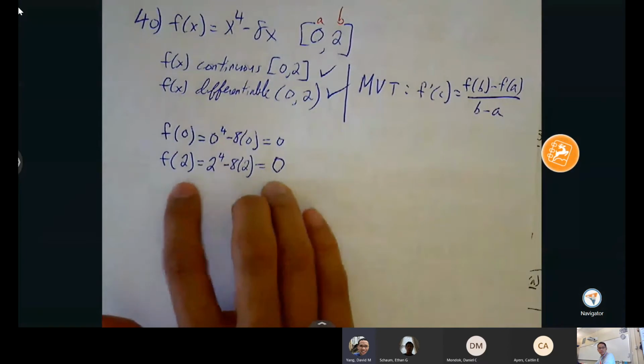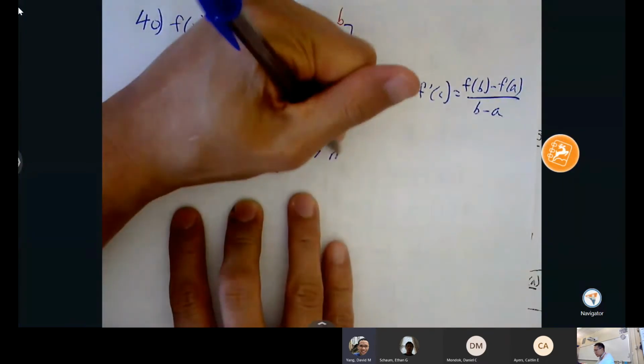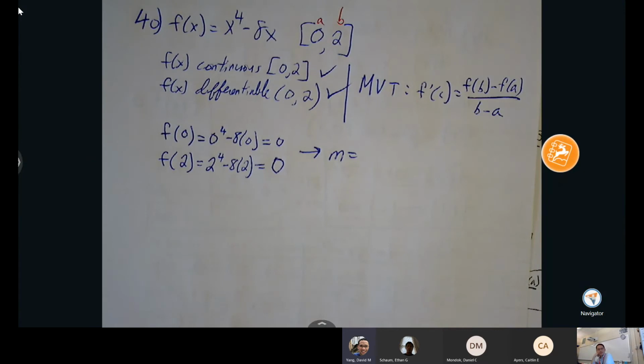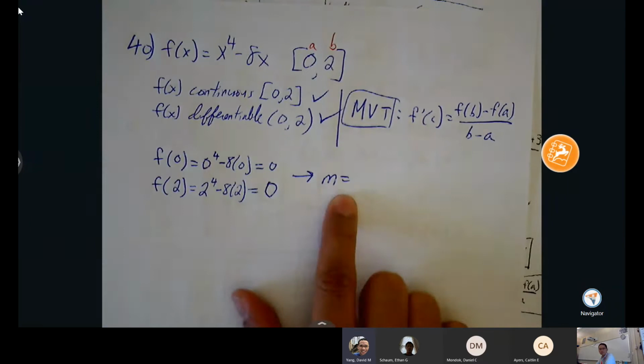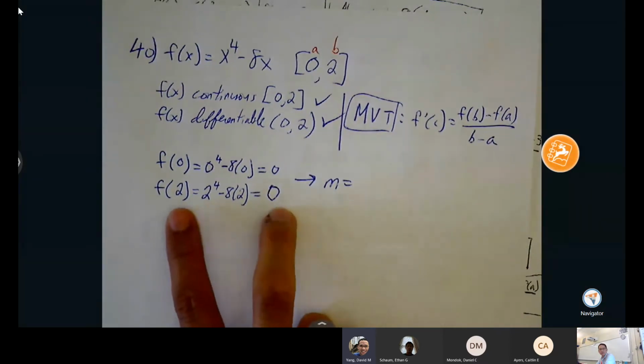Okay, so we have our ordered pair. What's the slope going to be? Okay, Ethan or Daniel, what's the slope going to be here?